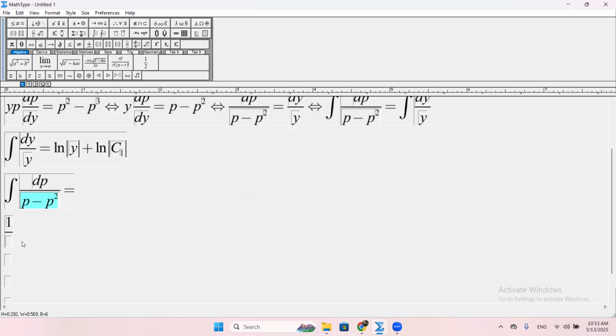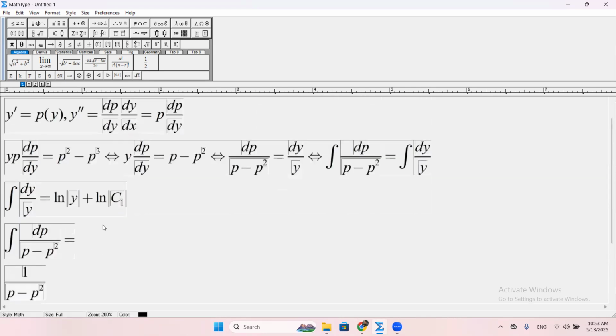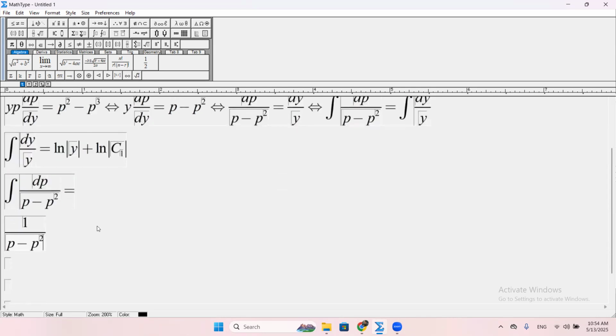So 1 over p minus p squared, factorizing it, I receive a over p plus b over 1 minus p.